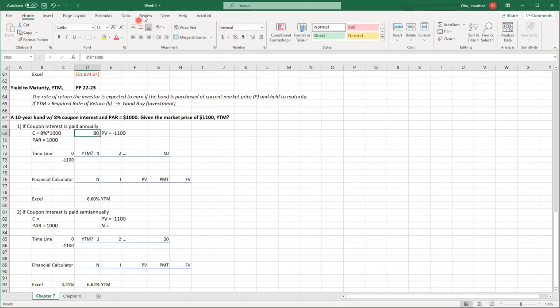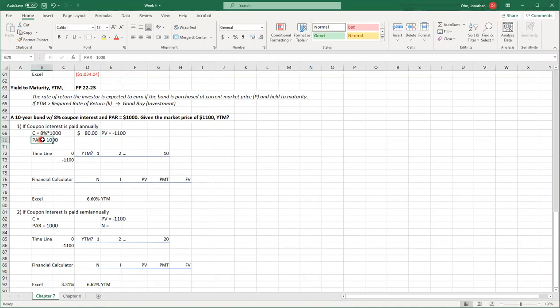You see that? $80 is the annual coupon payment that you receive if you buy that. Present value: the current market price is $1,100. That means you have to pay $1,100 to buy this bond. So that's why I put a negative sign there, because that's your payment.